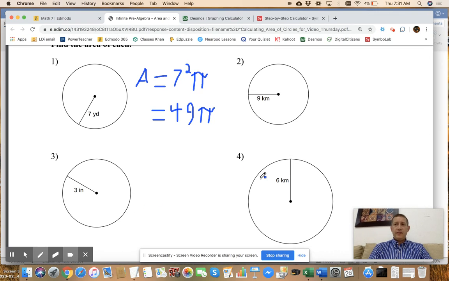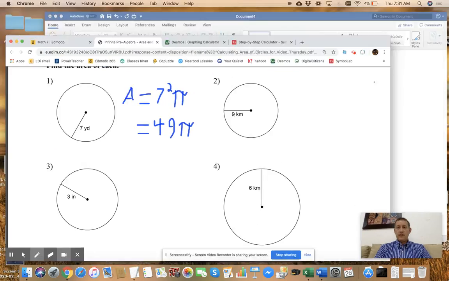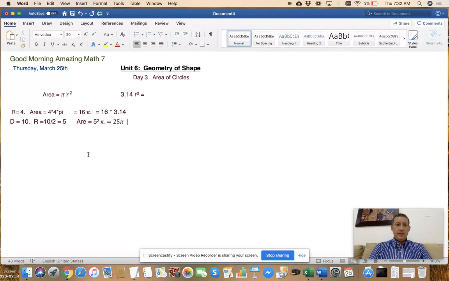What if you were given, let's go back here. What if you were given the area of, let's say, 81 pi. Well, if you were given an area of 81 pi, then if you needed to find the radius, you just do it in reverse.